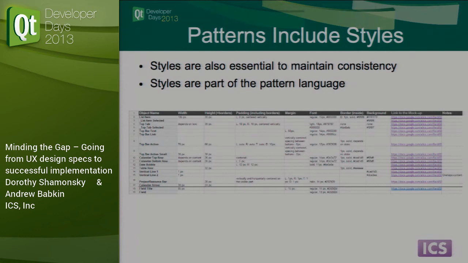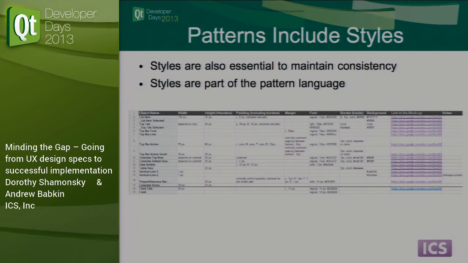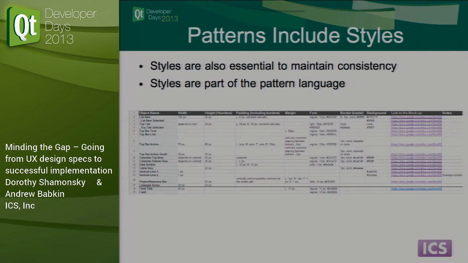This is an example of Andrew and I trying to figure out a way of pulling the specifications out of a mockup into a spreadsheet in hopes of making it easier to create style sheets or styles within a Qt app, because using styles really makes maintaining consistency in the patterns much easier.